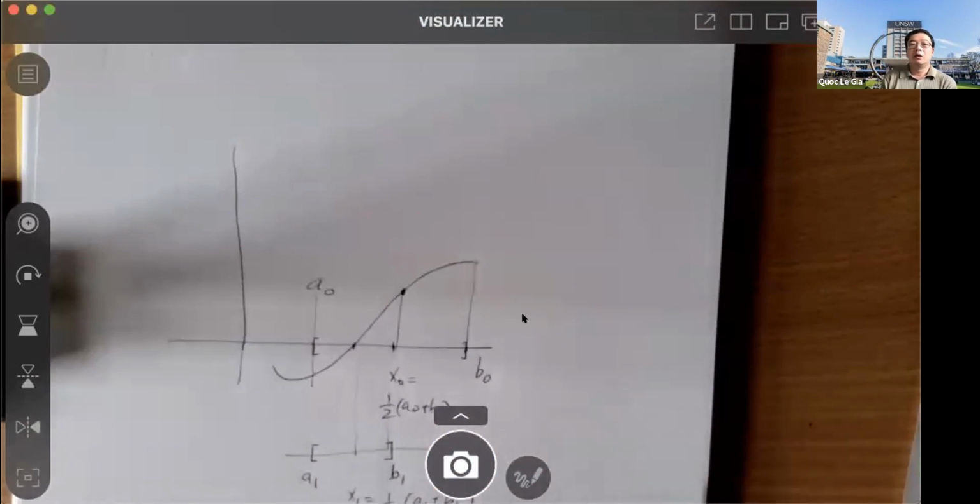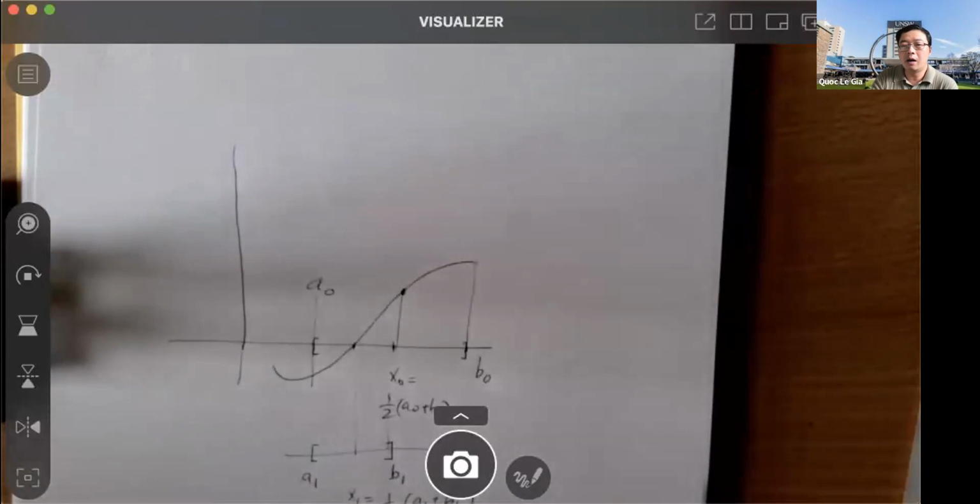Now, what is the assumption that we have? Well, maybe we can talk about the assumption after this slide. Now if I write it down as an algorithm, it looks like this.